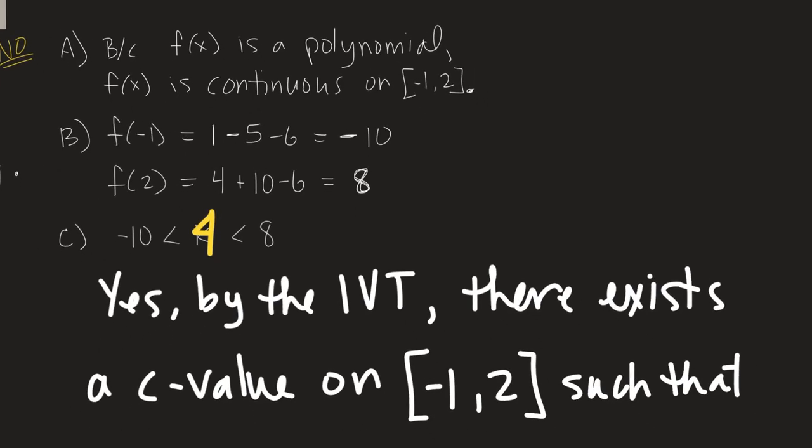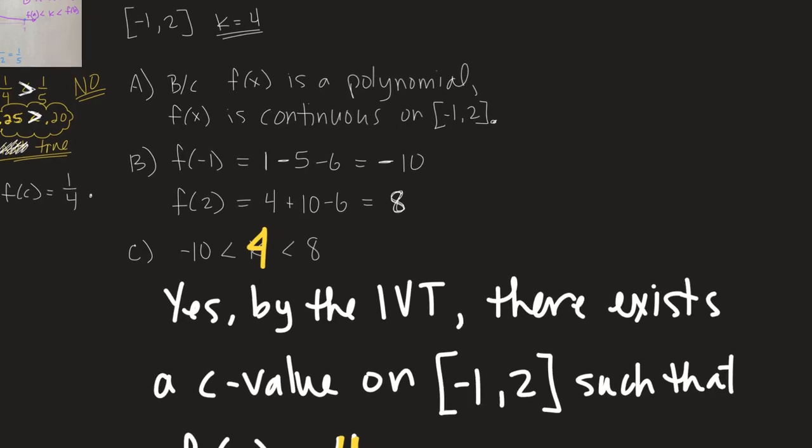Such that f of c equals 4. That is what the IVT says. Just that there is one. There exists a c value where there's a corresponding y value of 4.